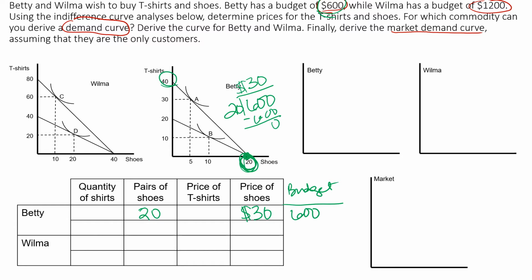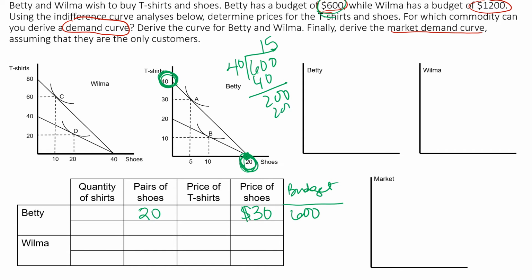Now, so now we got to find the price of t-shirts. So we know that she has $600 to spend. If she spent all of that $600 on t-shirts, she would be able to buy 40 t-shirts. So let's calculate this out and see what we get here. 15 is 200, good.